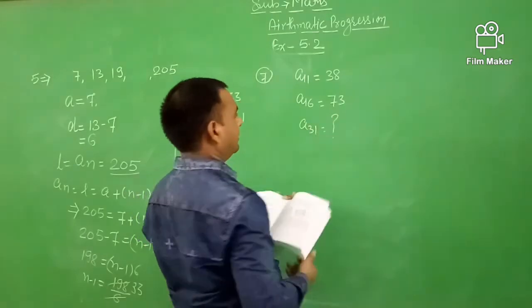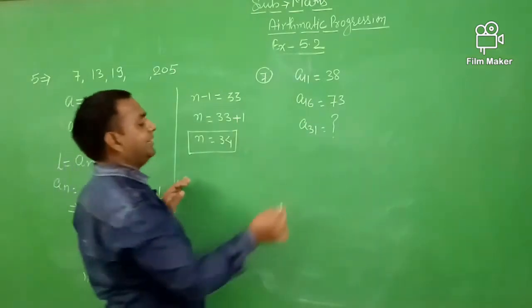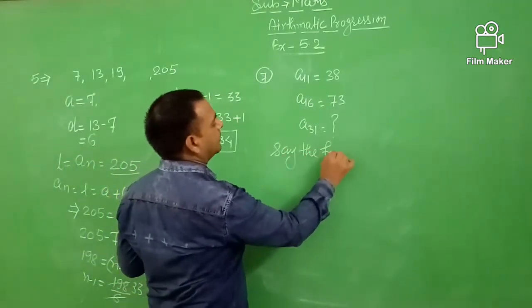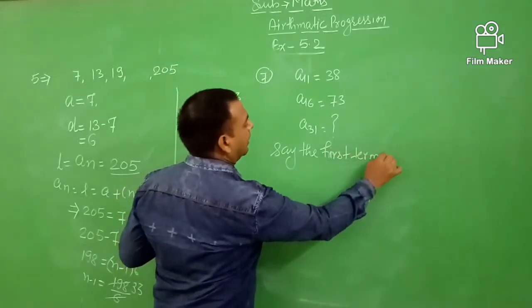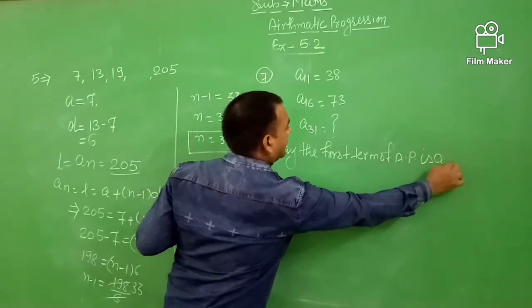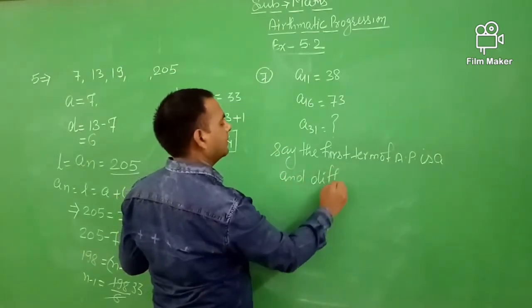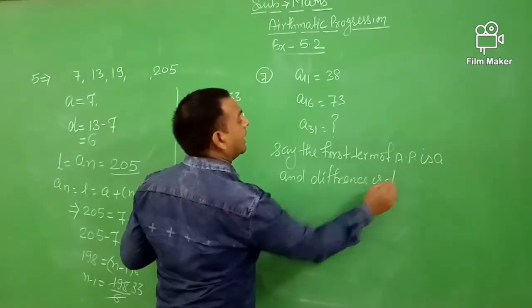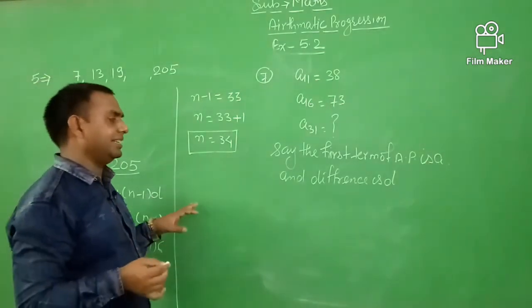Let's say the first term of the AP is a and the difference is d.